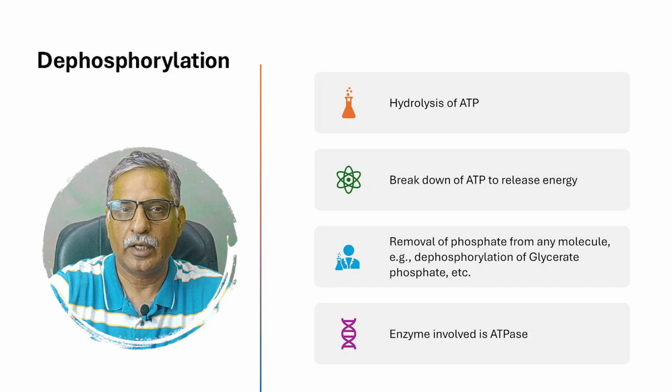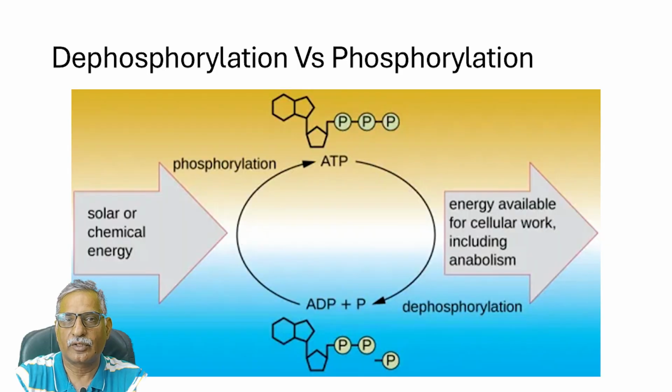So you can say the dephosphorylation process is the reverse of phosphorylation, and this is what actually keeps occurring inside our cells, within the cytoplasm, within the mitochondria. Phosphorylation and dephosphorylation, as reversible processes, keep occurring throughout the day, throughout the night, 24 hours, every moment of the second, respiration keeps going on.